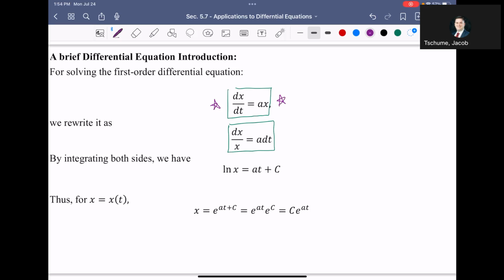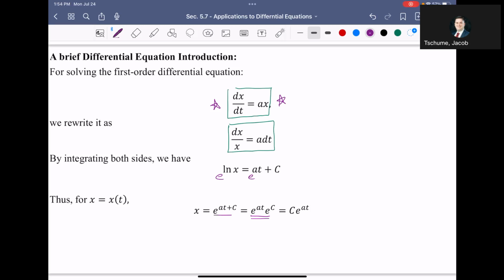So to solve for x, I could then exponentiate both sides of the equation, and we know that e raised to the ln of x would just be x, and then you end up getting e to the at plus c. So then by algebra, I can rewrite that as e raised to the at times e to the c.